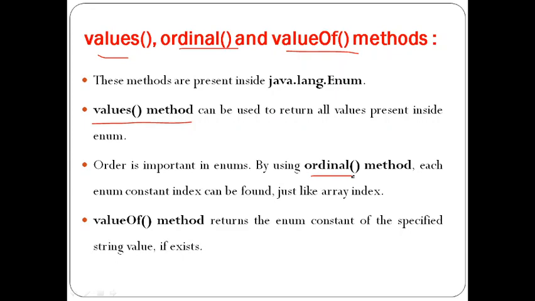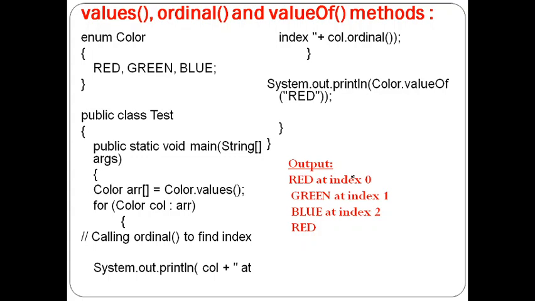We'll discuss all these methods with the help of a simple program. See this particular program, I am using the same Color enum, but the methods we discussed in the previous slide, I am using them here. Now I want to retrieve all the values in the Color enum, so I have created an array of type Color to store all my enum values.